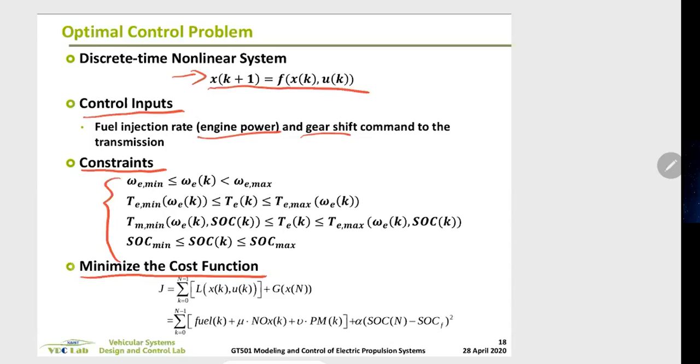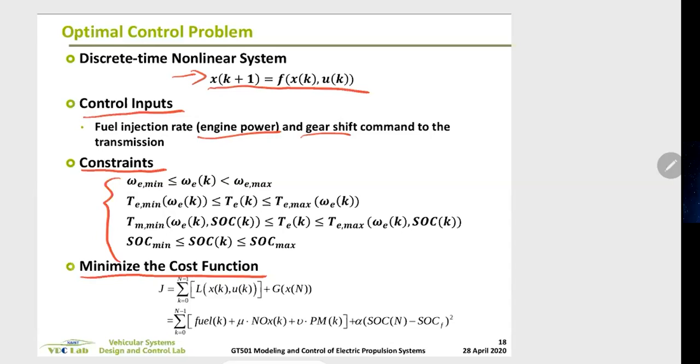So you have many constraints. And then you have the cost function. For the HEV problem, the cost function is usually the fuel consumption or fuel economy. You want to minimize fuel consumption, and that will maximize your fuel economy for a given drive cycle.